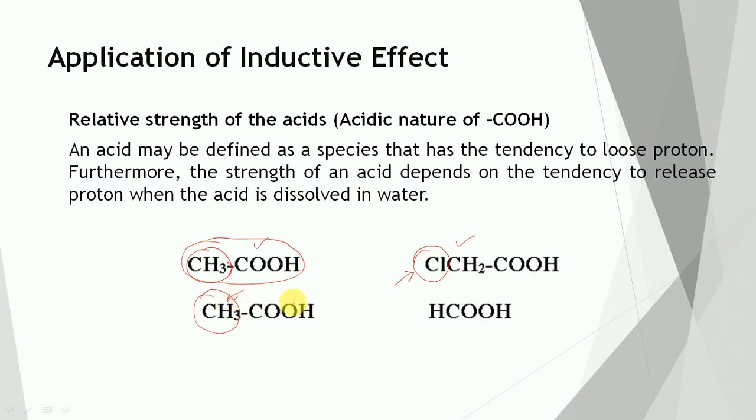The electron density is going to increase on this portion, which can destabilize its carboxylate ion, while in formic acid there is no electron releasing group. So that means the charge is going to disperse on the carboxylate ion, and it can stabilize the carboxylate ion. So formic acid is stronger in comparison to acetic acid.